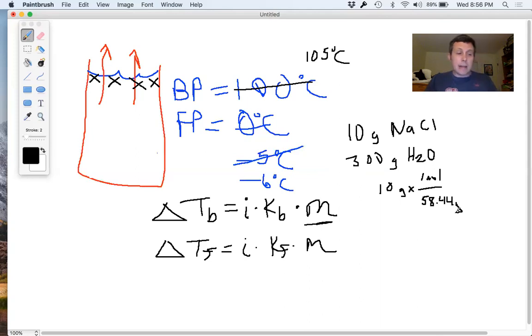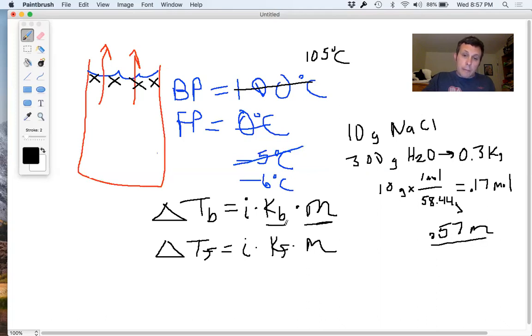And so 10 divided by 58.44 is 0.17 moles. And 300 grams of water, I'm just going to skip ahead here, is 0.3 kilograms. So the molality of the solution is 0.17 divided by 0.3, or about 0.57 molality. So that is the molality of the saltwater solution.